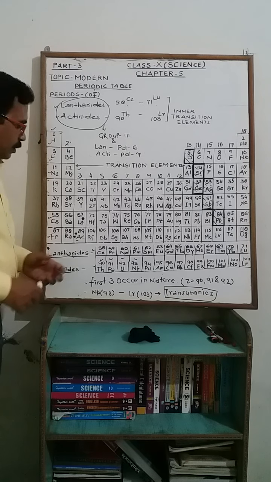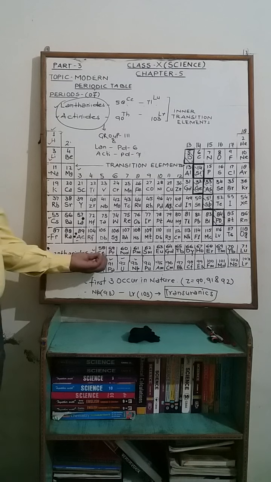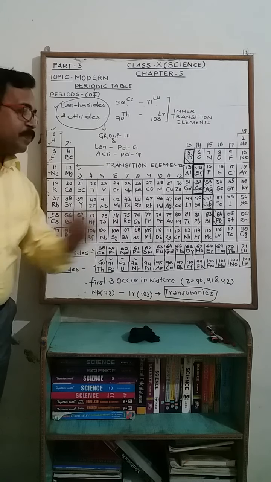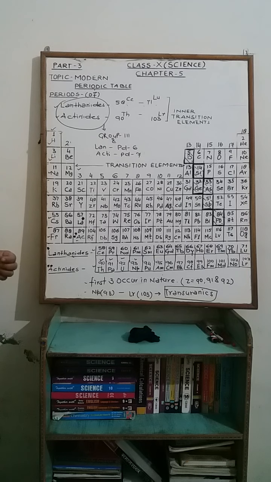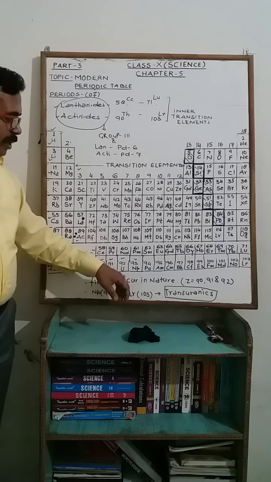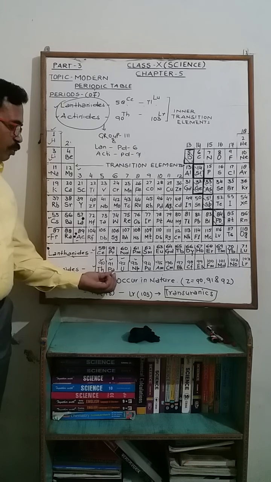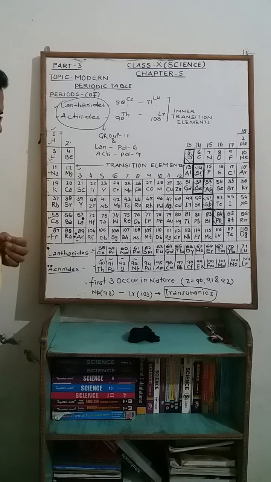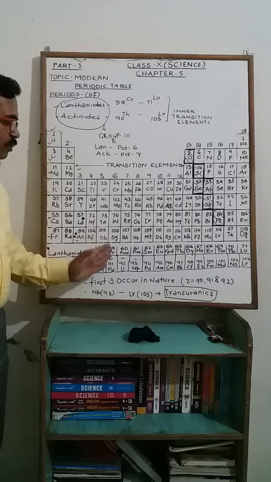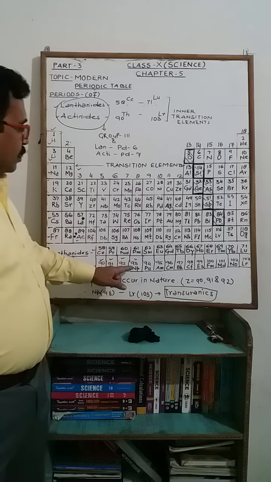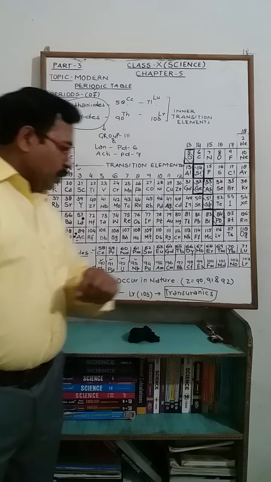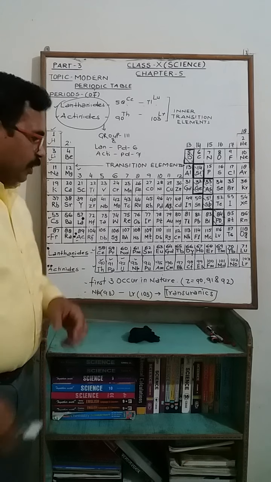And lanthanides starting from cerium to lutetium, actinides thorium up to lawrencium. In actinide series, first three elements, that is thorium, protactinium and uranium are natural, that is occur in nature, and rest of the 11 elements, that is from neptunium 93 up to lawrencium 103, all are artificial.